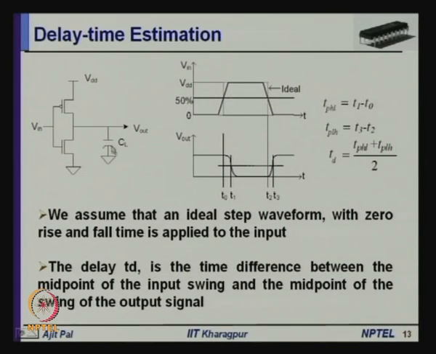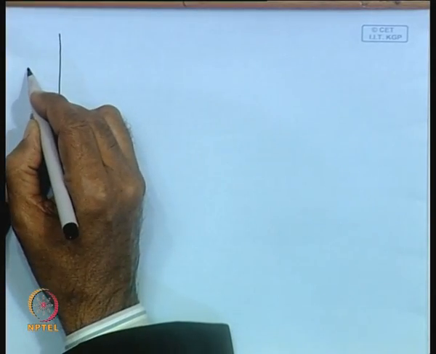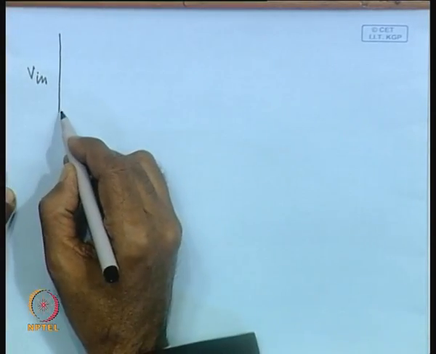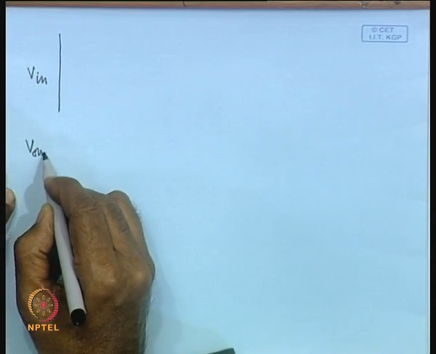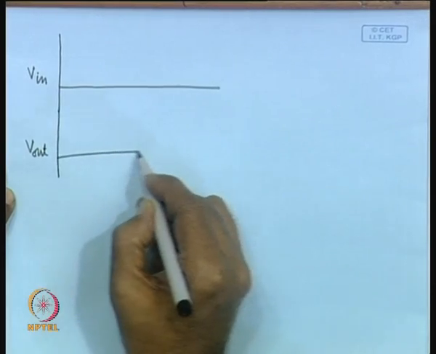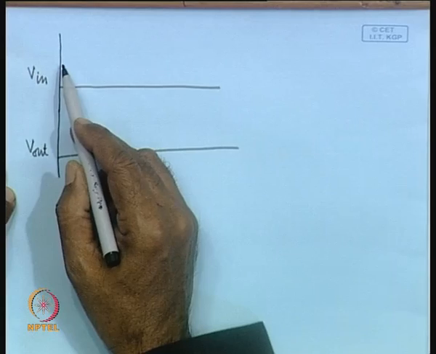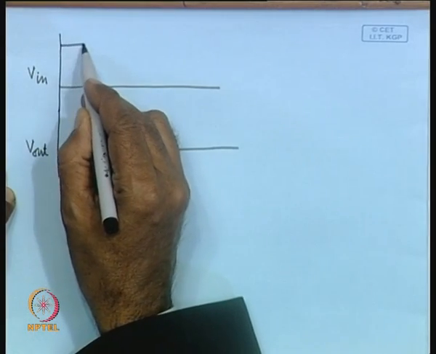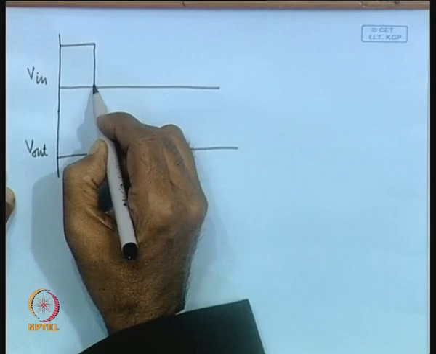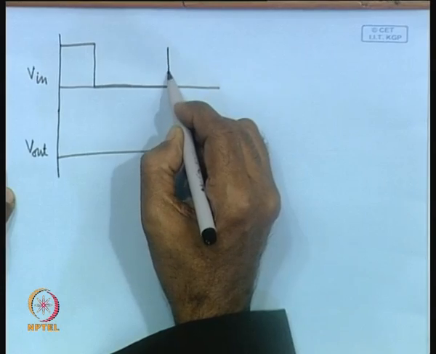So how do you define delay? Normally you apply an input Vin and it produces an output. Now, we can assume that the input is changing quickly, that means a step input.